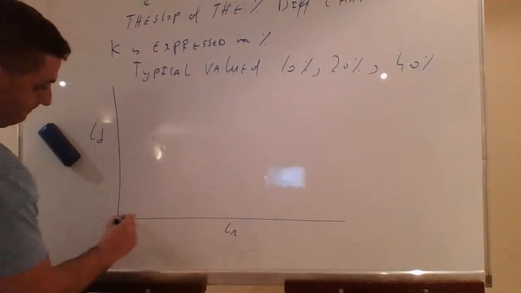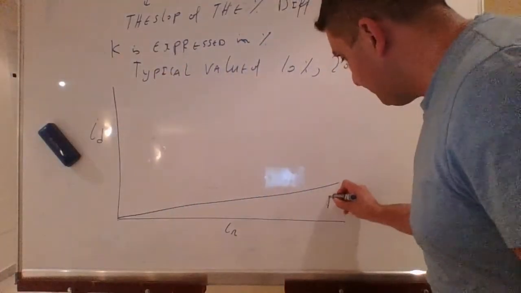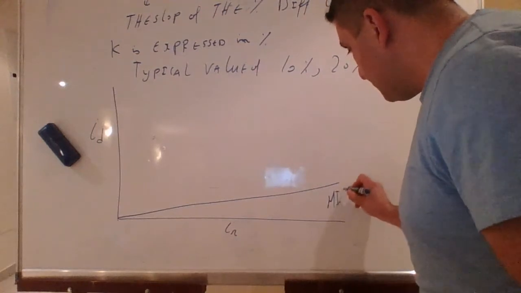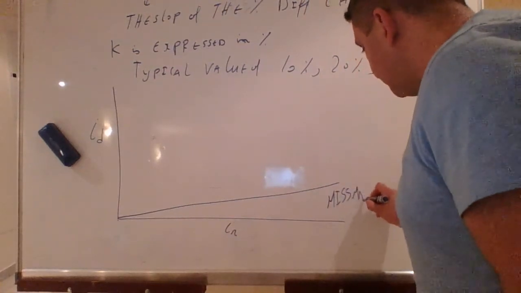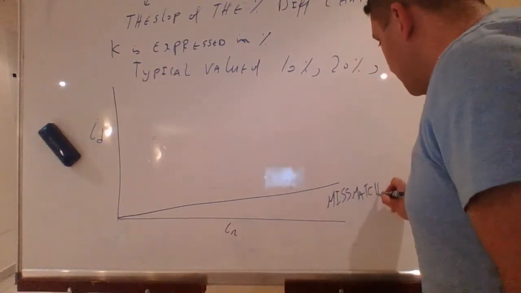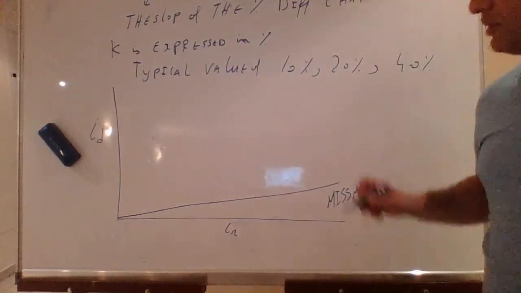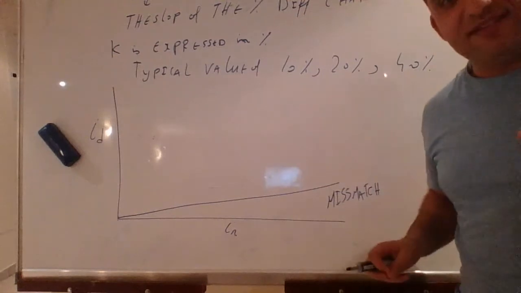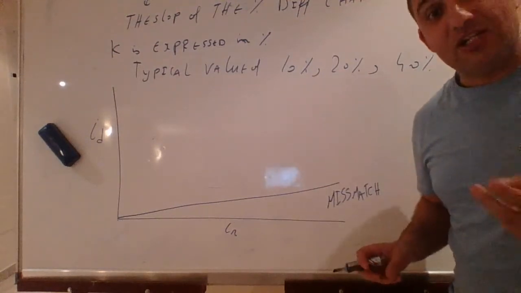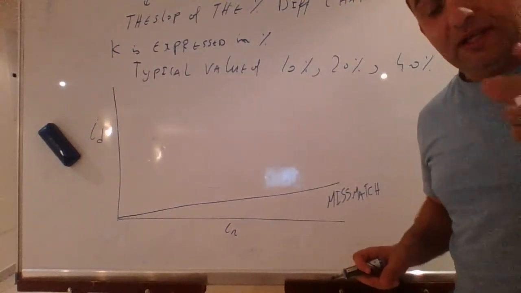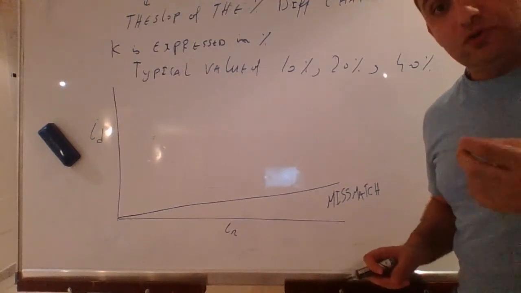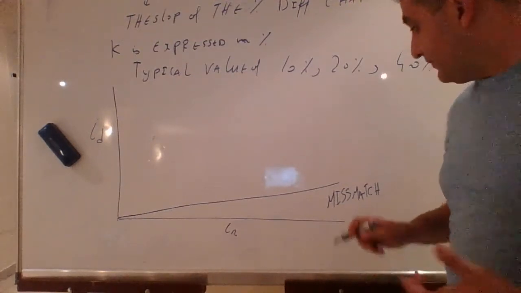The first error is the mismatch error. The mismatch error is related to the mismatch between the windings. Remember from the previous lecture, N1 primary equals N2 secondary.